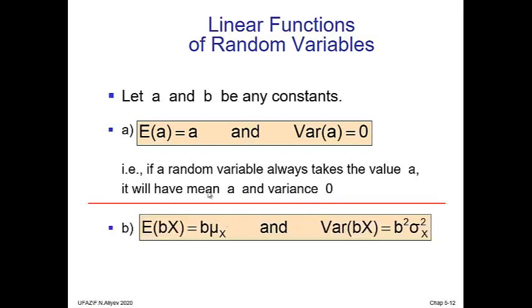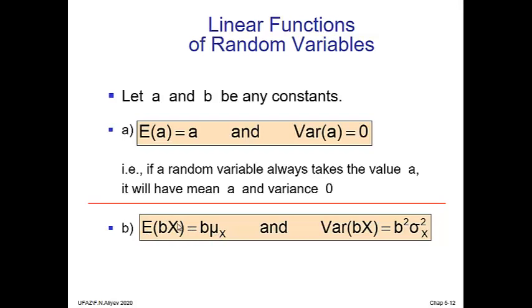If our function is not just x but bx, then the expected value of this is equal to b comes to the front, multiplied by the expected value of x.